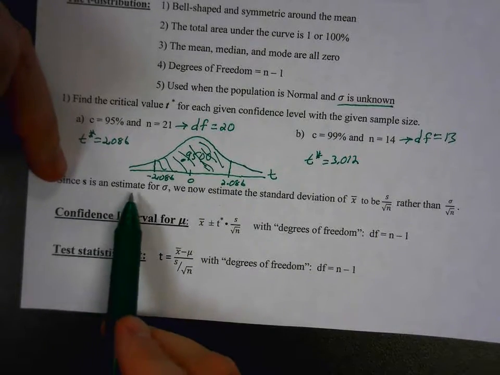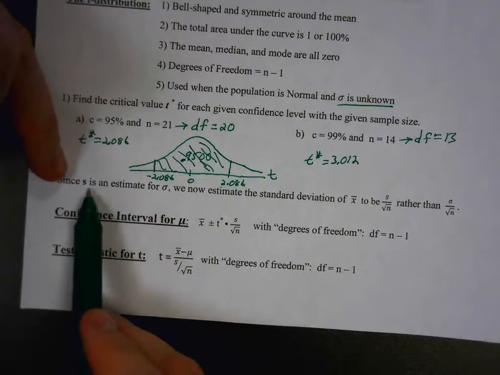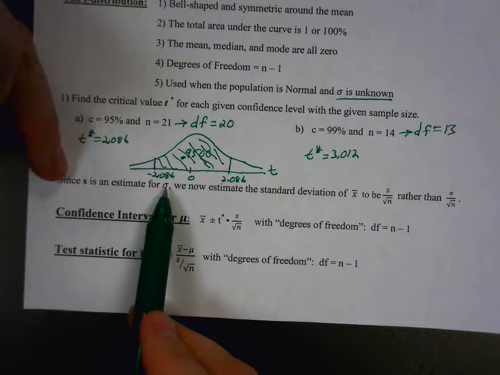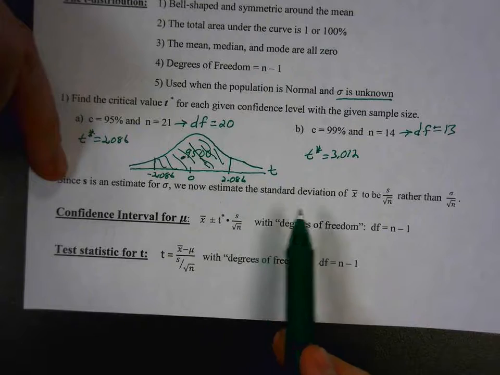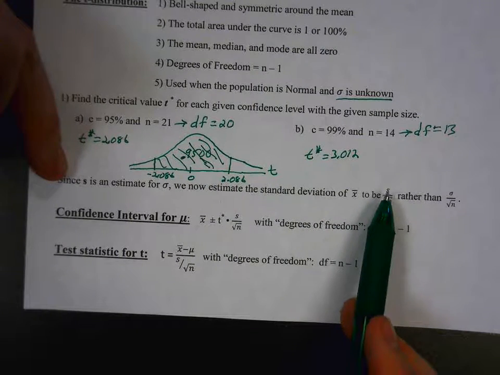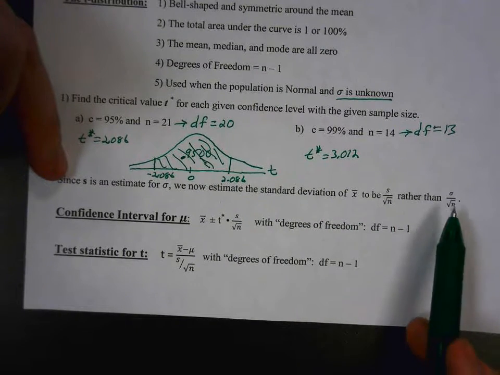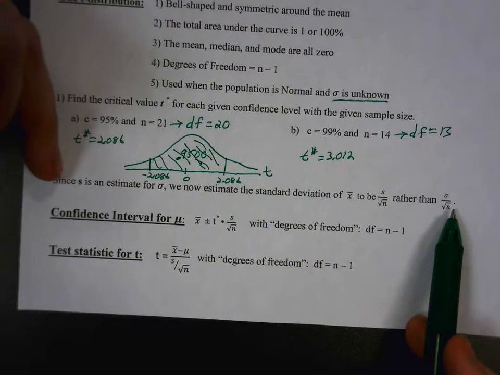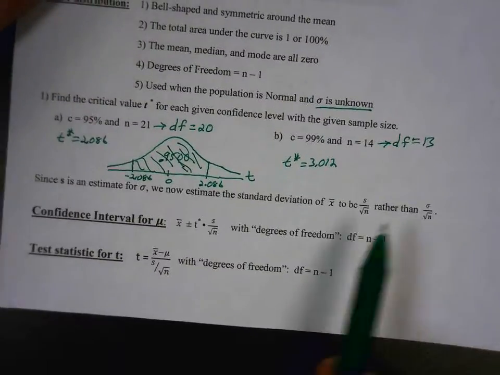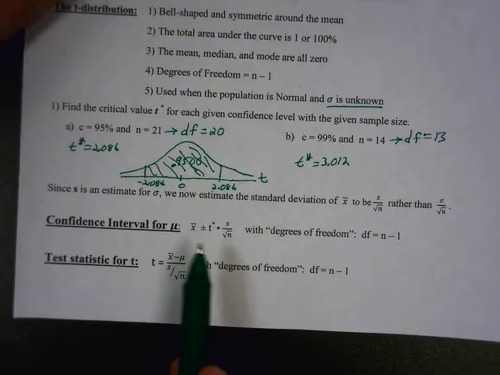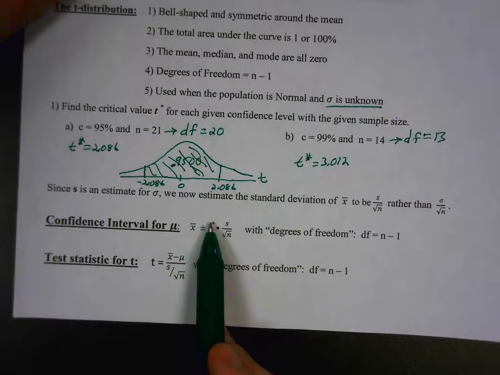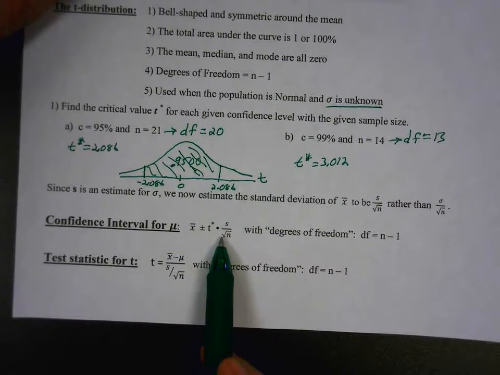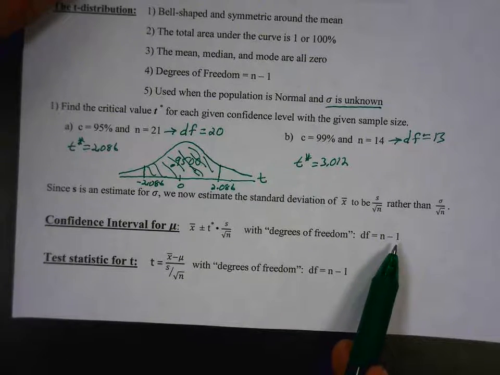So since S is an estimate for sigma, the sample standard deviation is an estimate for the population standard deviation, we now estimate the standard deviation of x bar to be S over the square root of n rather than sigma over the square root of n. So for the confidence interval for mu, we have x bar plus or minus T star times S over the square root of n, with degrees of freedom n minus 1.